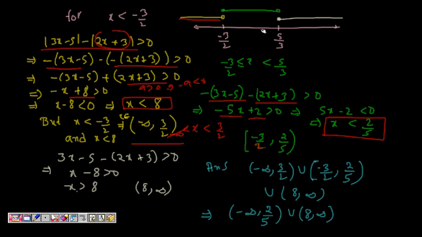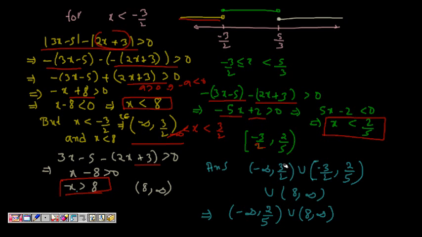For the third part, both of them will be positive, so it is 3x minus 5 minus 2x plus 3 is greater than 0. So 3x minus 2x is x, minus 5 minus 3, so x is greater than 8, okay. So this is the solution. So now we should combine all of them, it should be the union of these three. So it becomes minus infinity to minus 3 by 2 union, minus 3 by 2 included till 2 by 5 union 8 to infinity.